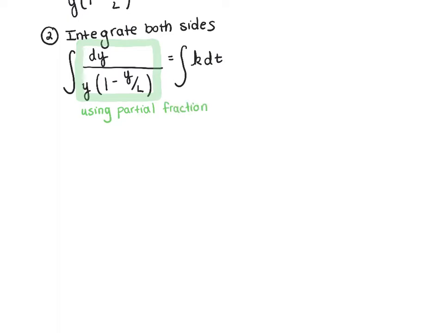we are able to simply rewrite the left-hand side so that it becomes something that we are able to integrate. So when we use partial fractions, we're able to rewrite the left-hand side like this. So we're going to have (1 over y plus 1 over (L minus y)) dy equals k dt, okay?